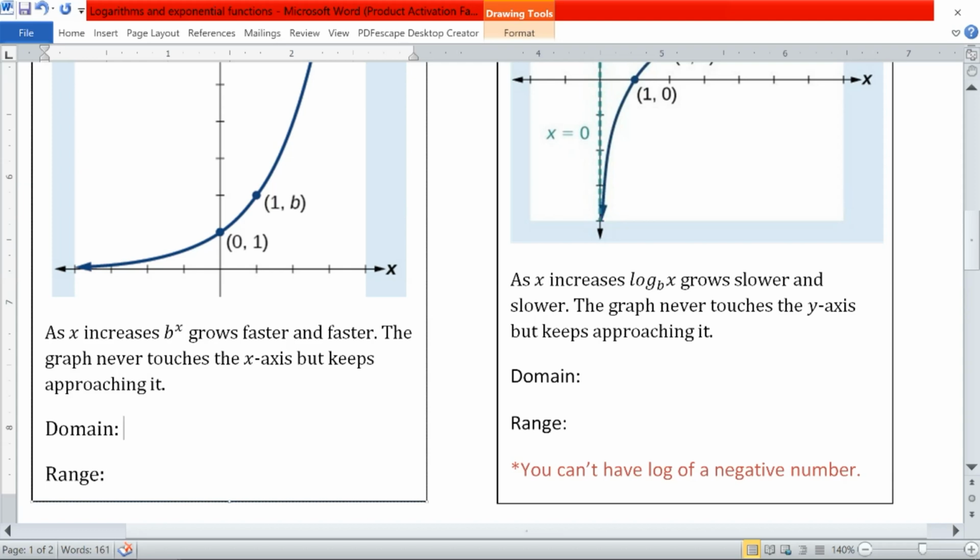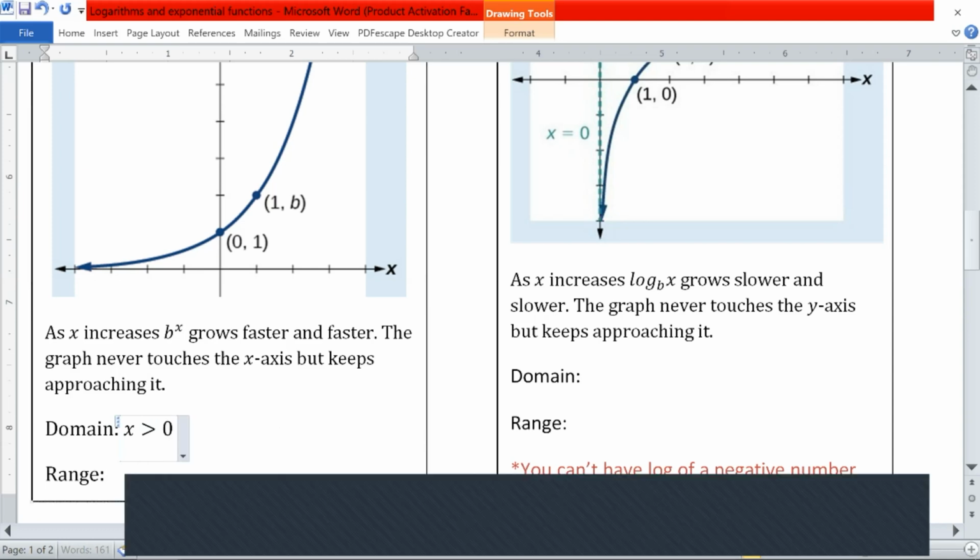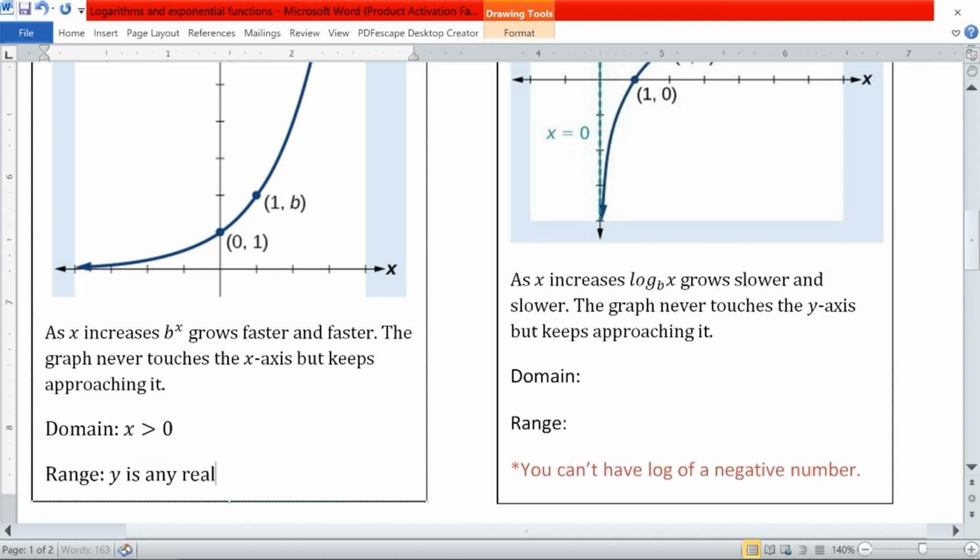So under exponential functions, from the graph we see that domain is x is greater than 0, and the range is, I'll say y, y is any real number. Let me say it like that. Y is any real number.